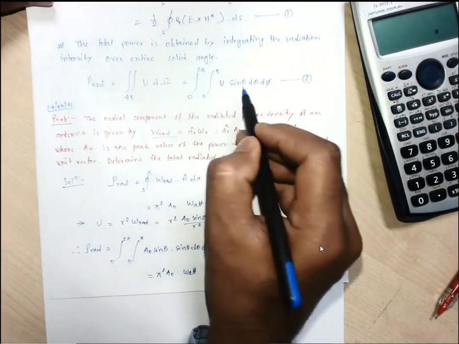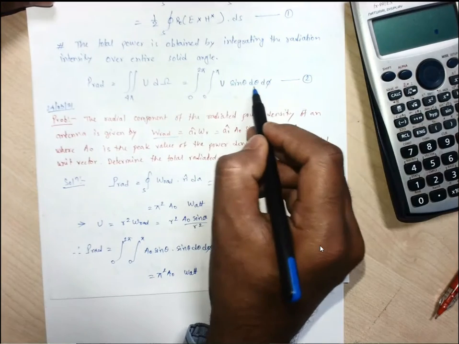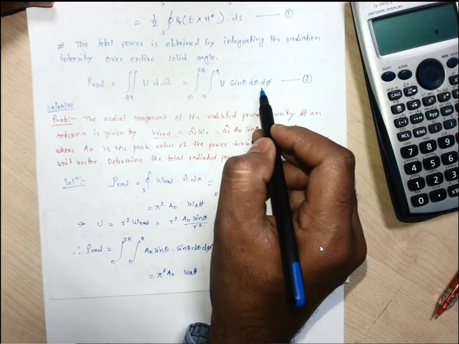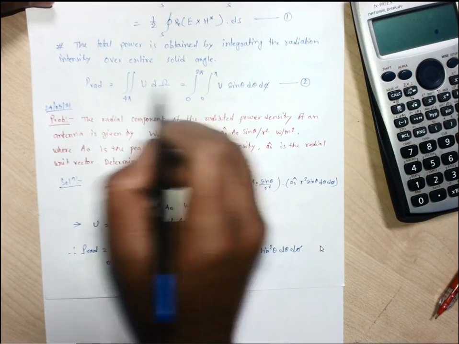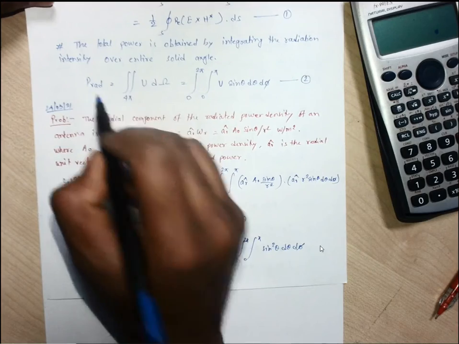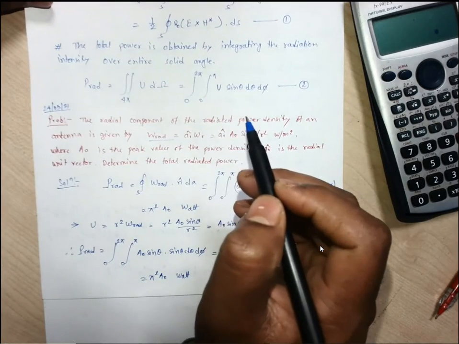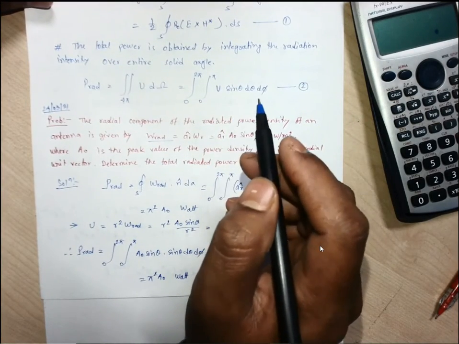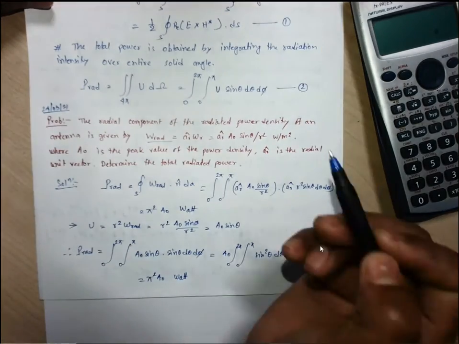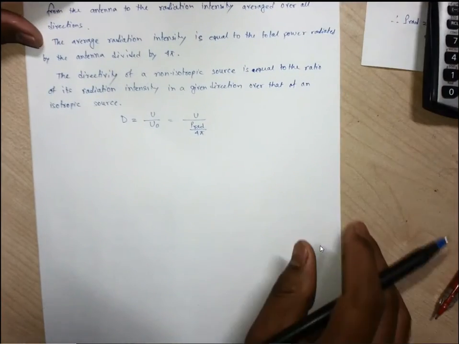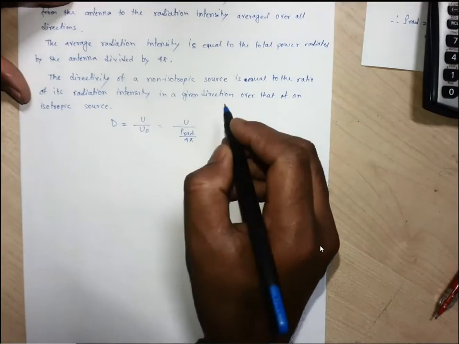If you take the integration 0 to 2 pi, 0 to pi, sin theta d theta d phi, you will find this value as 4 pi. So this 4 pi goes to the left hand side, and P rad by 4 pi gives you the radiation intensity of an isotropic source. If the total radiated power is P rad and we take the average of this, you have the radiation intensity averaged over all directions.